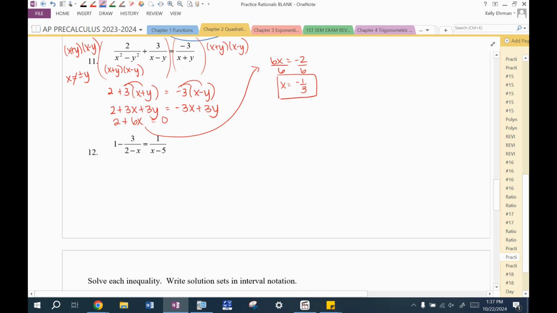Number 12, backwards factor here. So remember, I'm going to factor a negative out of that to make it x minus 2. And what does that do? Minus negative changes this to 1 plus 3 over x minus 2. So now I'm ready to multiply both sides of the equation by x minus 2, x minus 5.